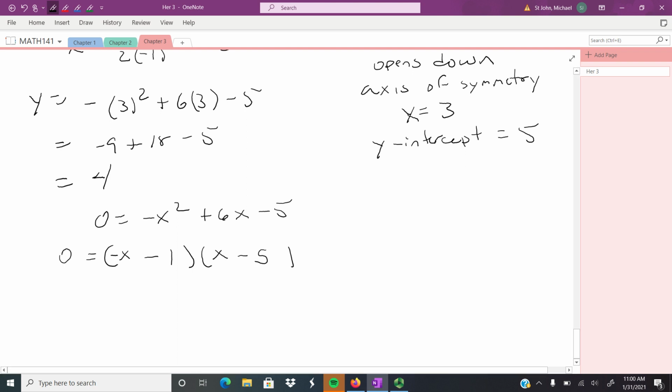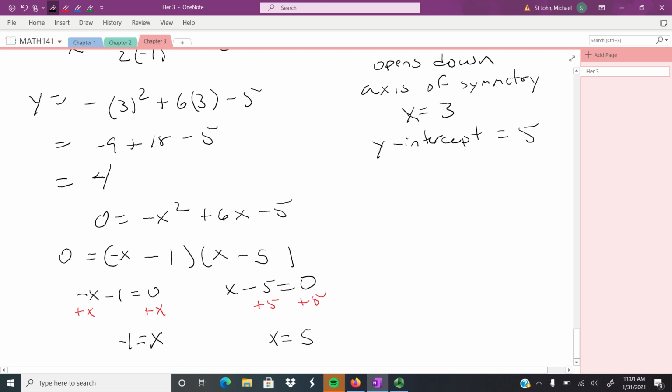Then we can solve each one of these. So minus x minus 1 equals 0, or x minus 5 equals 0. Let's take the x over, and over here let's take the 5 over. And so we get x is going to be negative 1, and x is going to be 5.